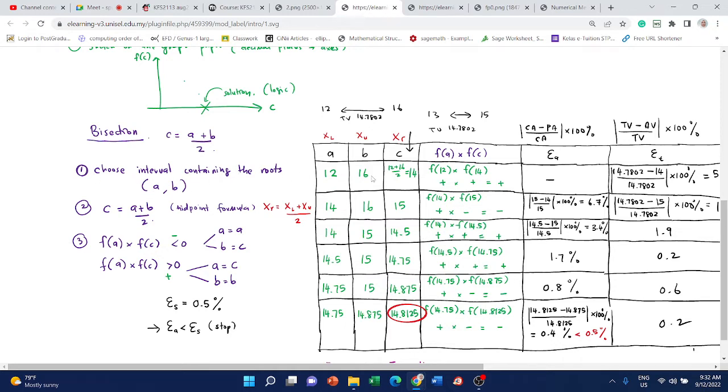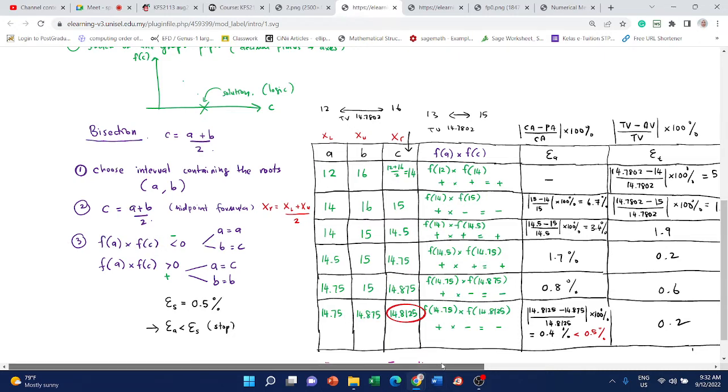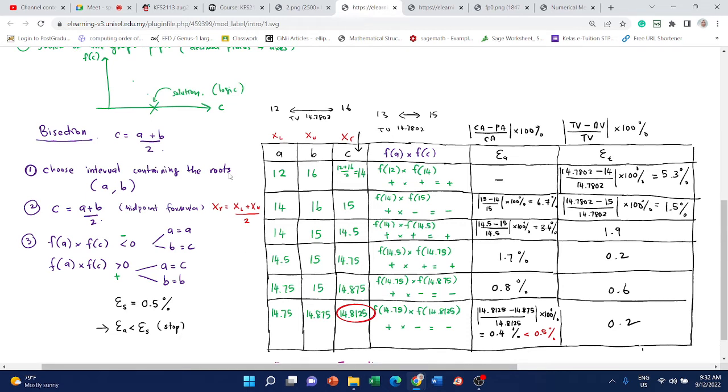So we choose 12 to 16 because this interval contains the root. We didn't know which one is the root, that's why you have to find out. If you choose an interval that does not contain the root, later on you will have divergence and you will not get the roots. So it's very important to choose the correct interval to start your computation in the bisection method.